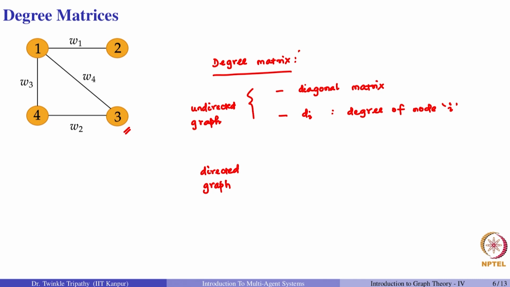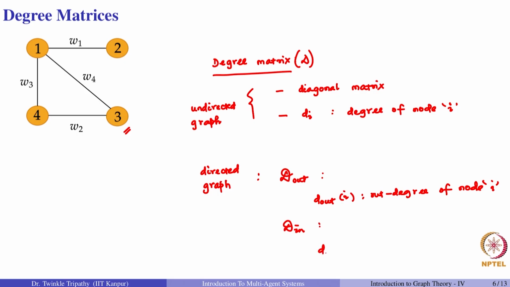The degree matrix is denoted as D. When it comes to a directed graph, the first kind of degree matrix is D out, which, much like the degree matrix, is a diagonal matrix, but its ith entry is the out degree of node I. Similarly, we have the in degree matrix, where the ith entry is nothing but the in degree of node I.